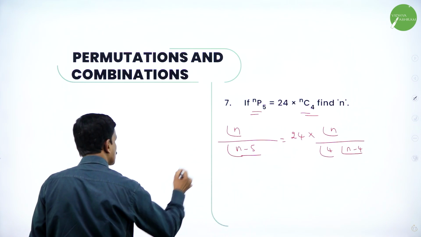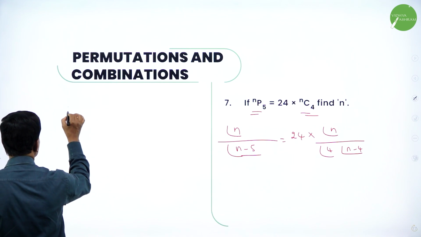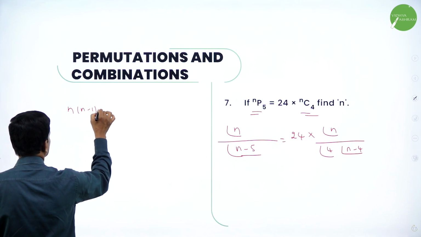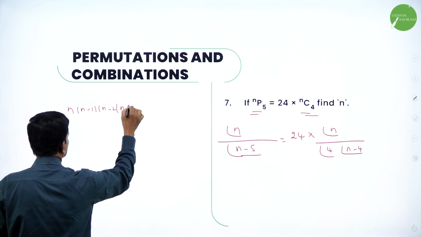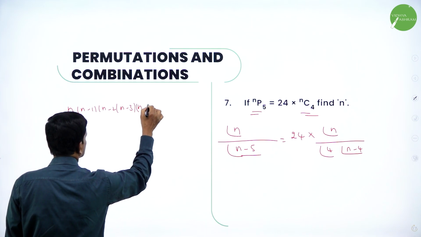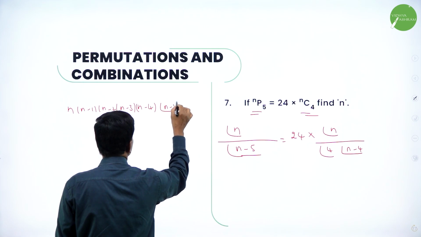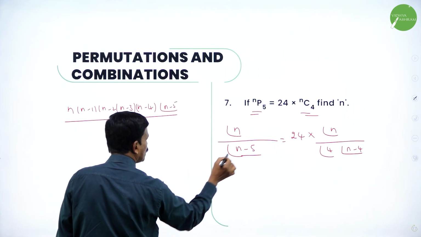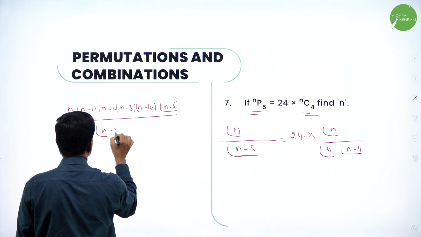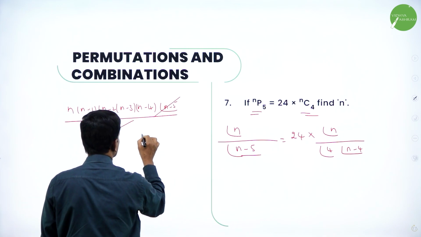So this can be written as, what is n factorial? n into n minus 1, n minus 2, n minus 3, n minus 4 into n minus 5 factorial, divided by n minus 5 factorial in the denominator. These two get cancelled.